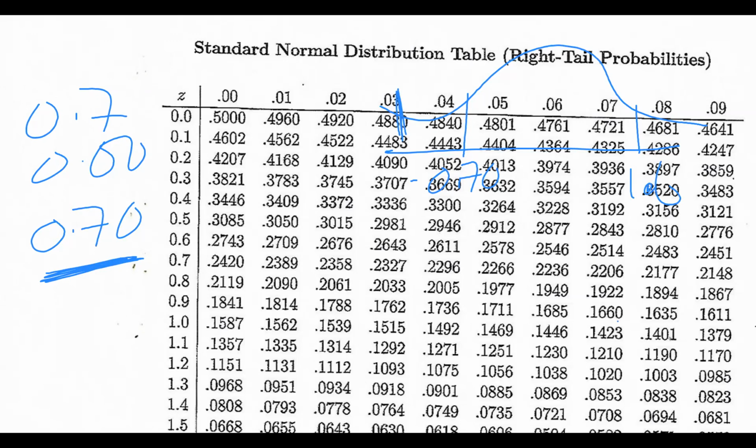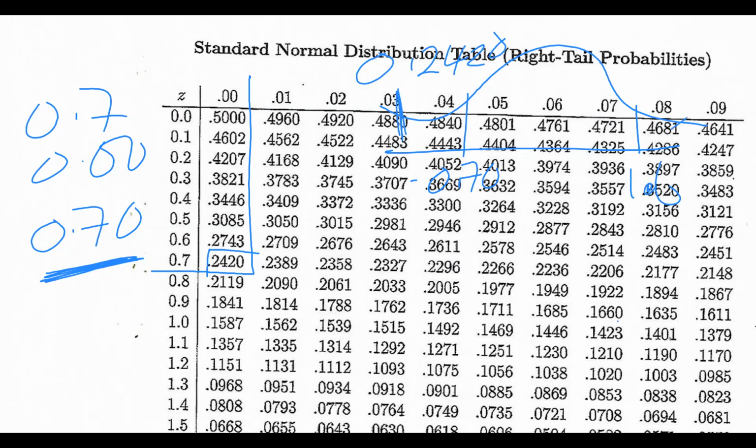So we go to 0.7 and 00 where they meet. So this area is equivalent to 0.2420. What about this other one? You go again where there's 1.6.